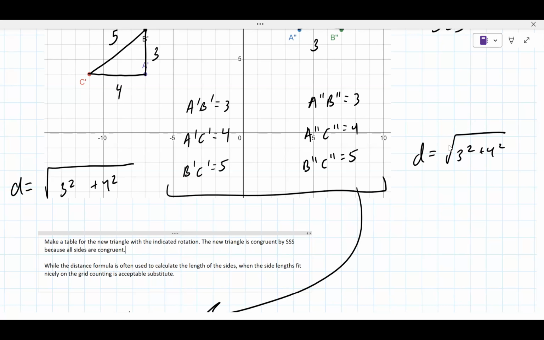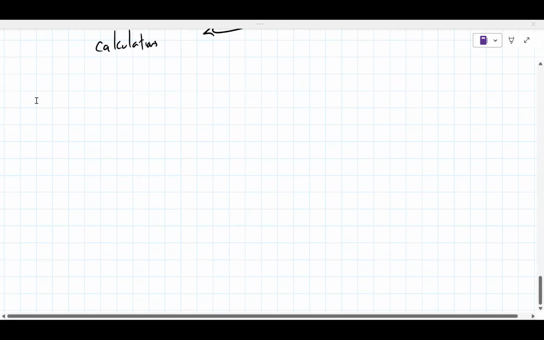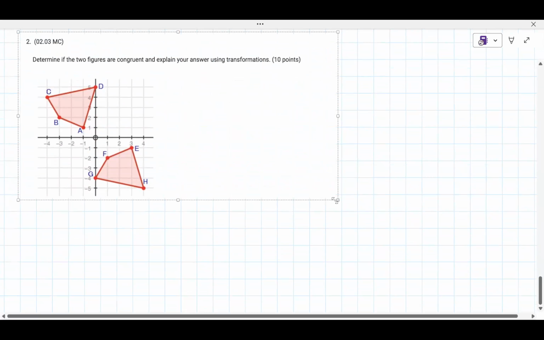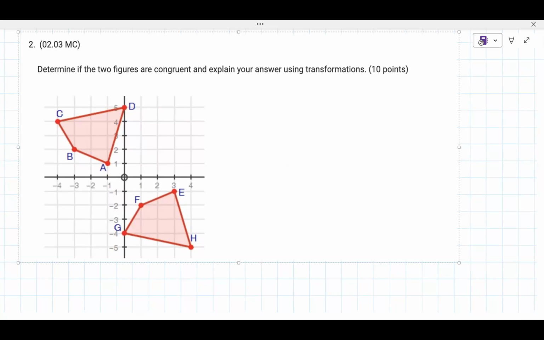Number two is in the chat now. Determine if these two figures are congruent and explain your answer using transformations.